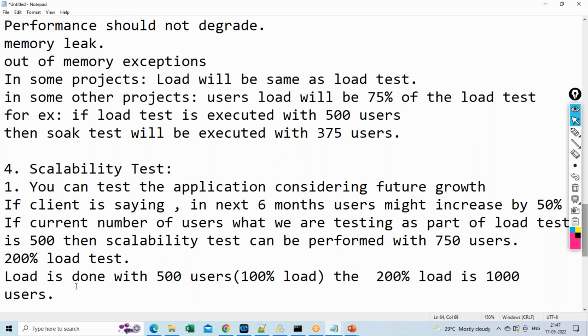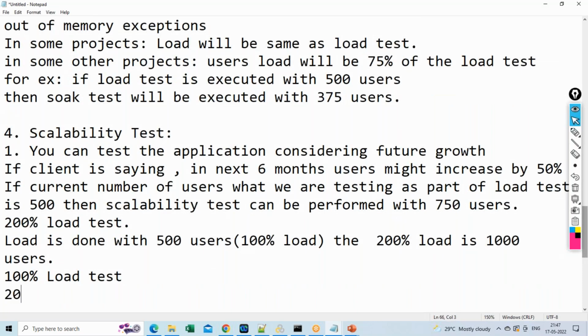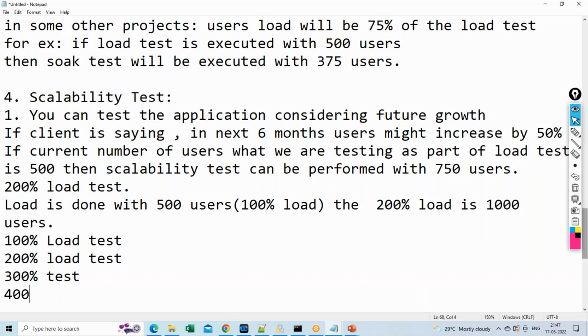So immediately, we ran a 100% load test, that is a normal load test. If it is successful, we ran a 200% load test. If successful, a 300% load test. If successful, then a 400% load test.